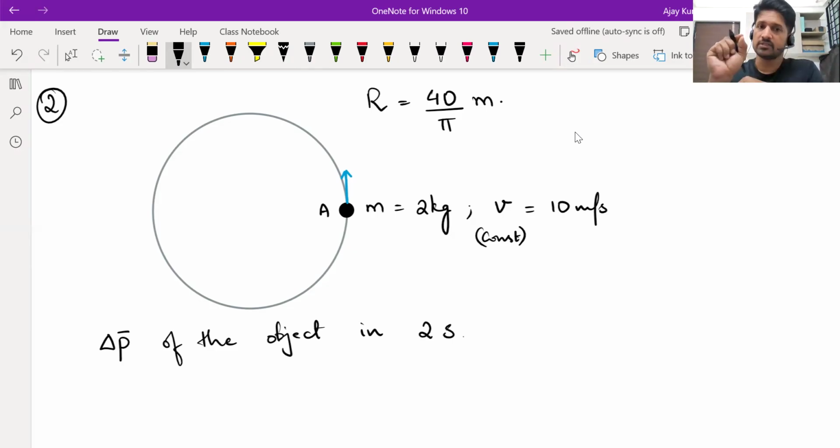But we know the speed, means we know the magnitude of velocity. What is the only thing unknown? If you want to calculate momentum, you need velocity. Velocity is a vector quantity, and we already know its magnitude. What else is to be found? Distance, sir. Okay, what will you do with the distance?